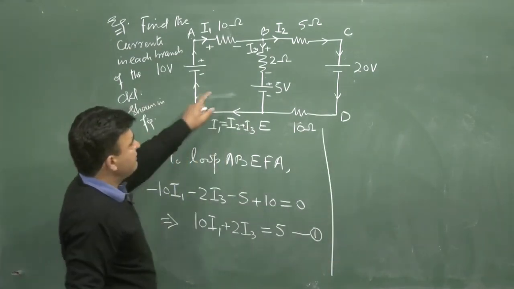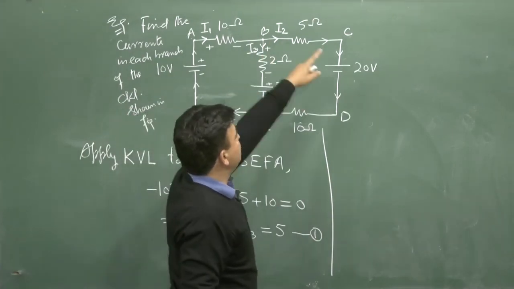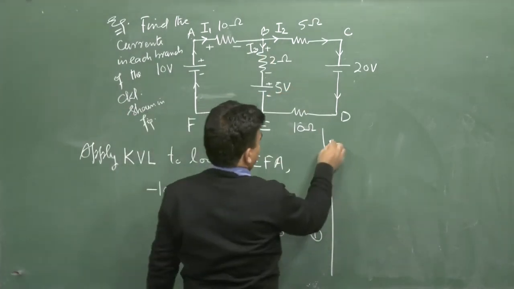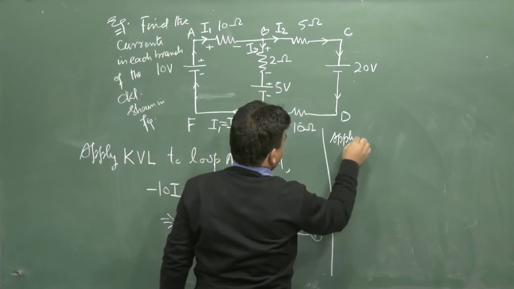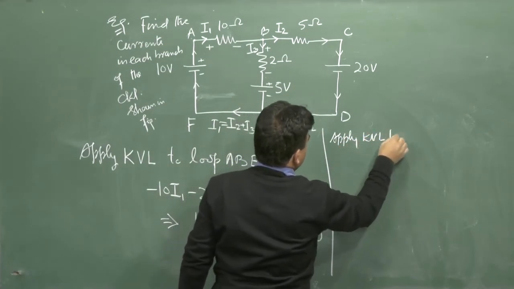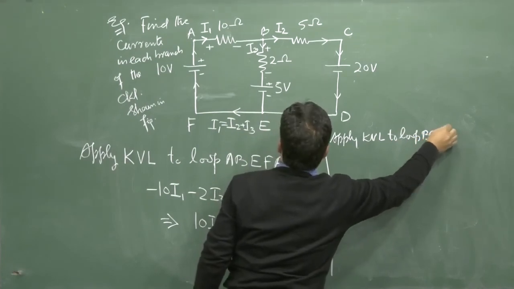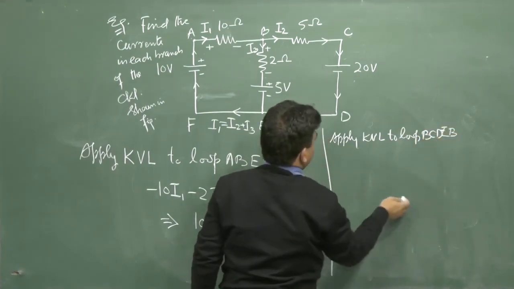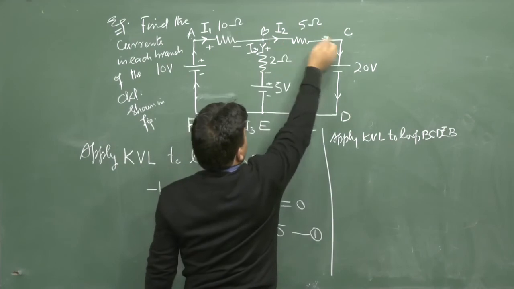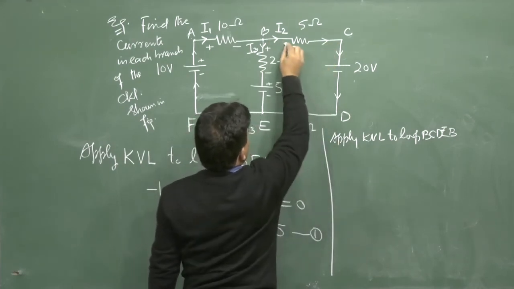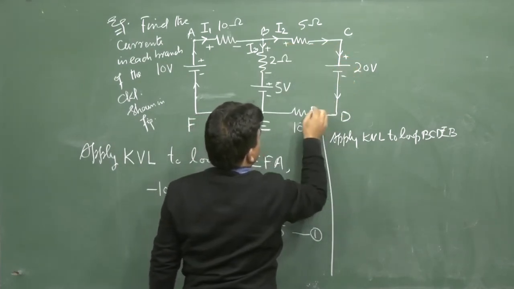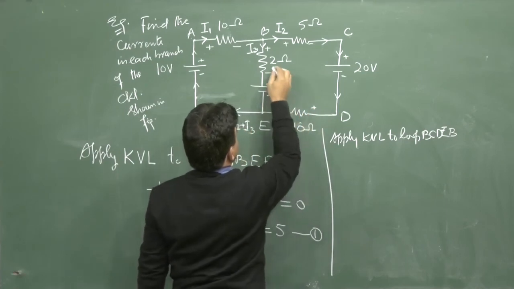Again, apply the KVL to any other loop, say B, C, D, E, B. Apply KVL to loop B, C, D, E, B. We have B to C, plus, minus, minus, plus, minus.